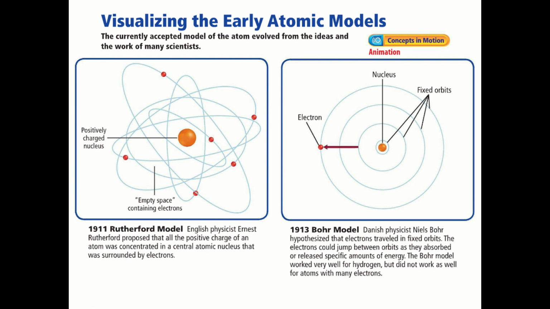Bohr's model is a very good model and works very well, but it works only with the hydrogen atom. If you try to apply it to larger, heavier atoms, it does not work well.